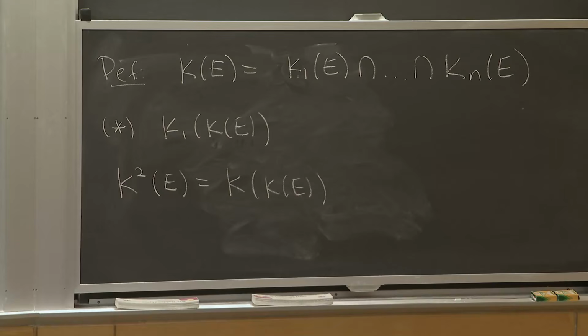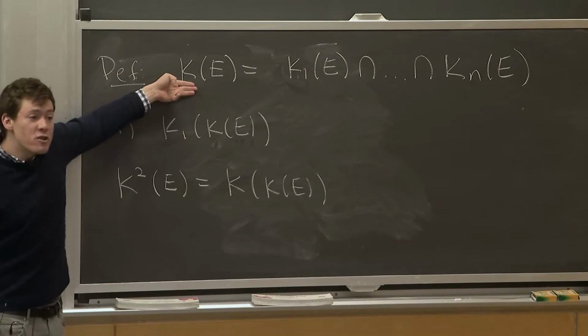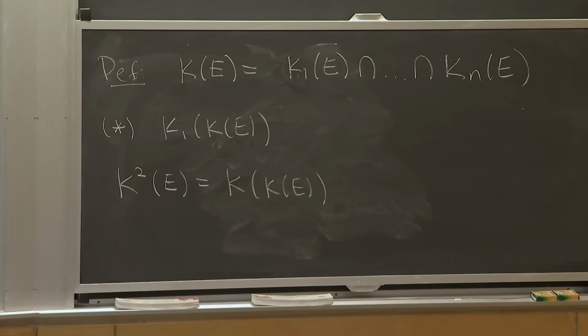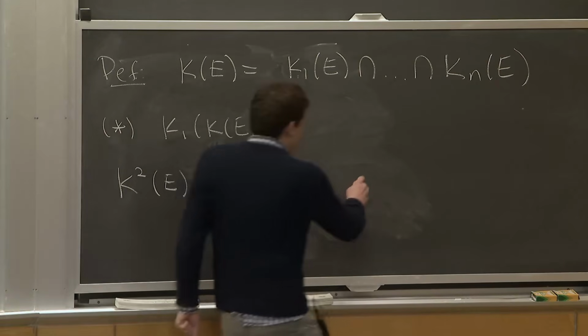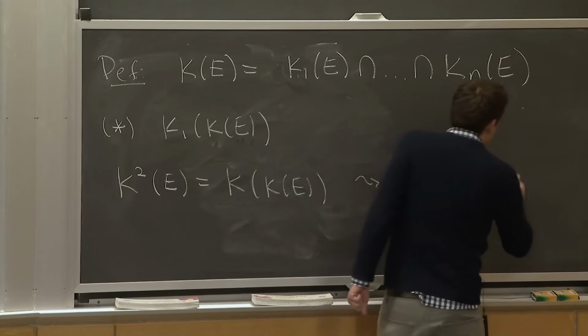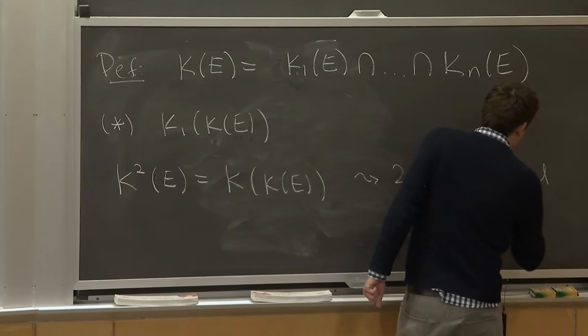So we call this mutual knowledge. It's kind of first order mutual knowledge. This we might call second order mutual knowledge. Everyone knows something, and on top of that, everyone knows that everyone knows it.